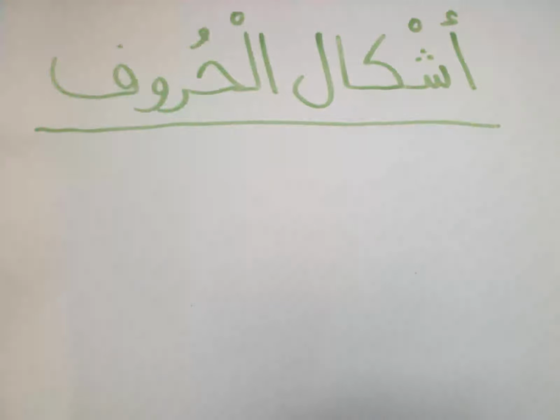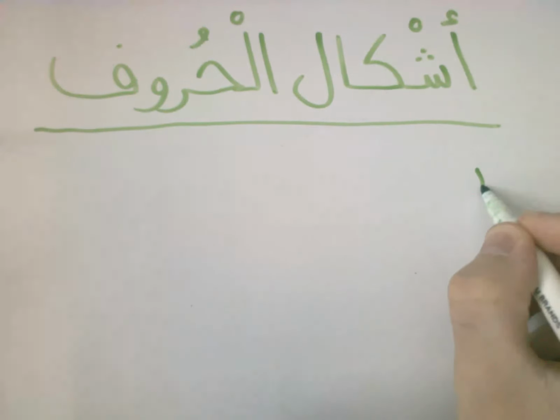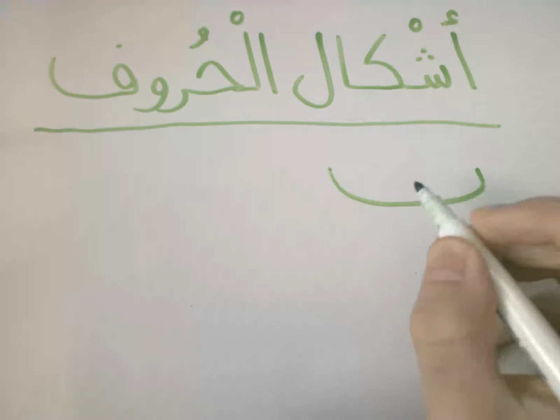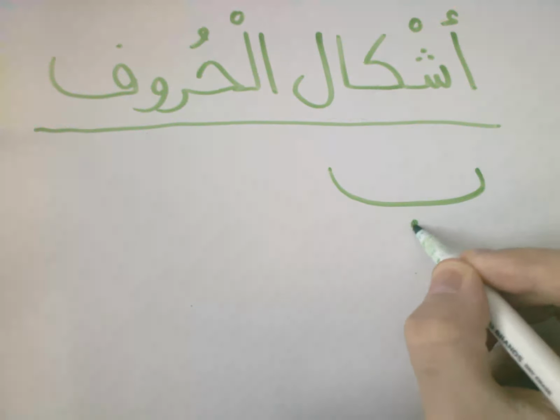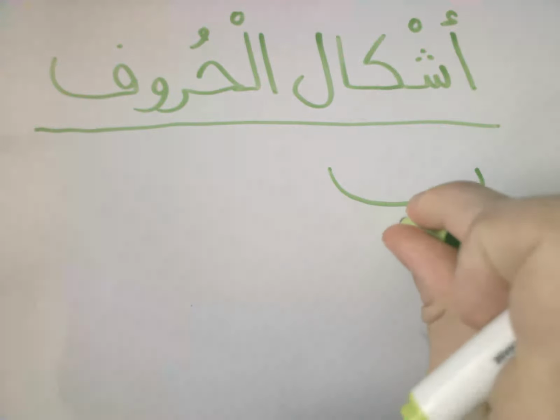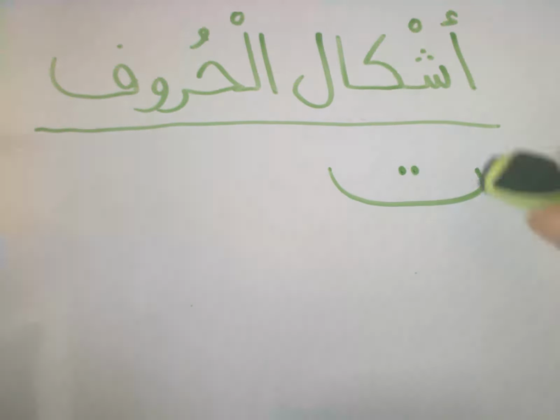Are you guys ready? Let's begin. So just as we wrote the letters باء and تاء, you're going to write ثاء in its isolated form, just in the same shape as باء with a dot under, and تاء with 2 dots above.